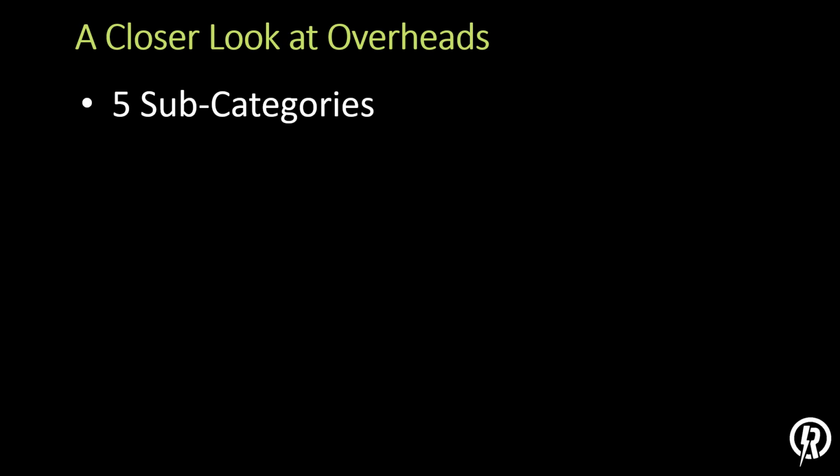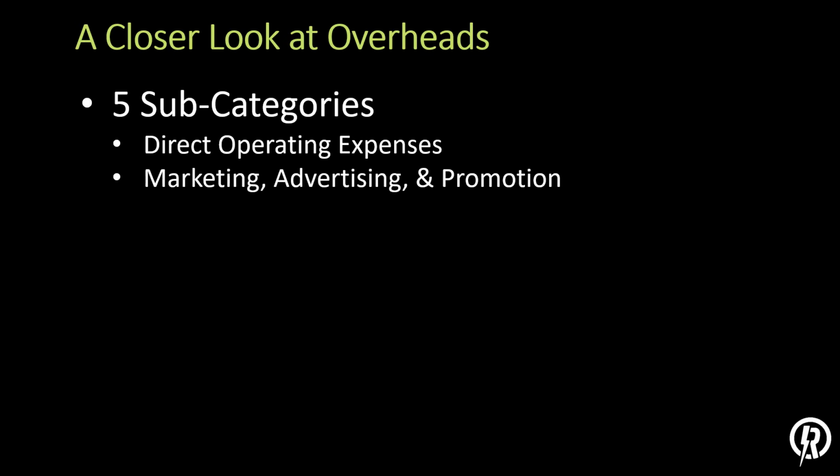All right, so when we look at overheads, we're going to break them down into 5 different subcategories because there are lots of different things that go into this category. So we need to break them down so that they get organized in a way that makes sense. First category is what we're going to call direct operating expenses. Next, marketing, advertising, and promotion. I'll bet you that one makes a lot more sense than direct operating expenses to you, but don't worry.